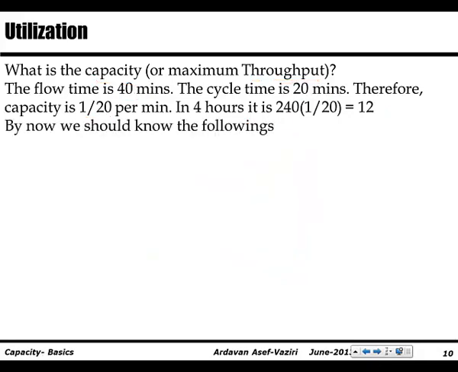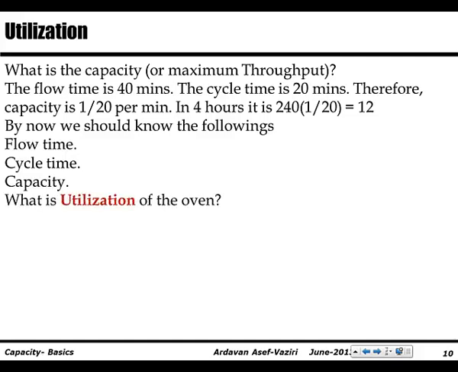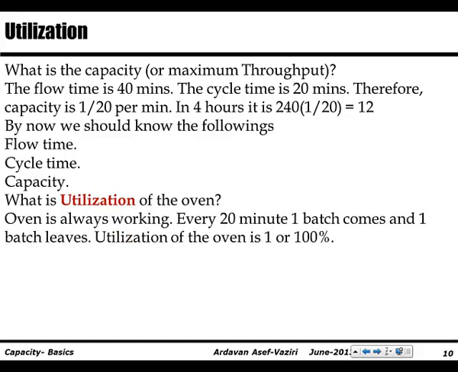By now we should have understood the following concepts. Flow time, what is flow time? Cycle time, capacity, and utilization. What is utilization for the oven? Oven is always working. Every 20 minutes, one batch of muffin comes out.